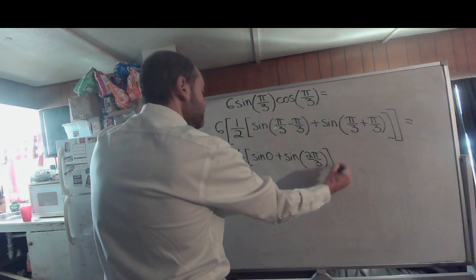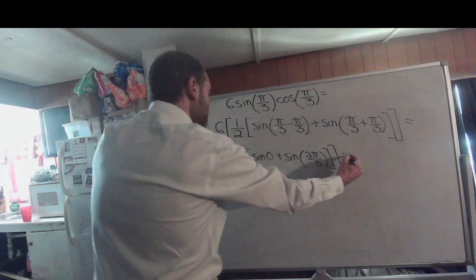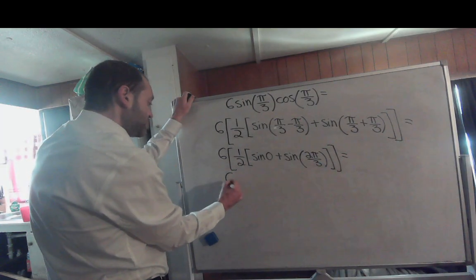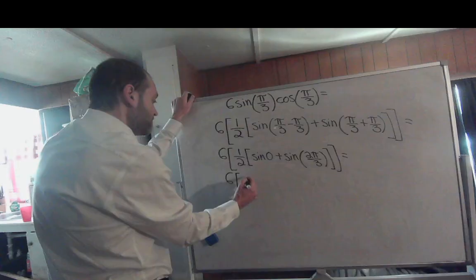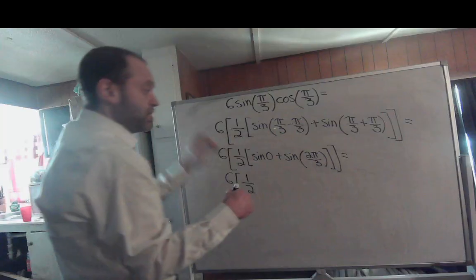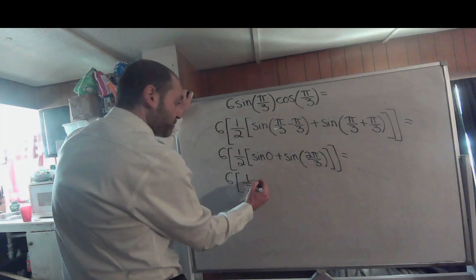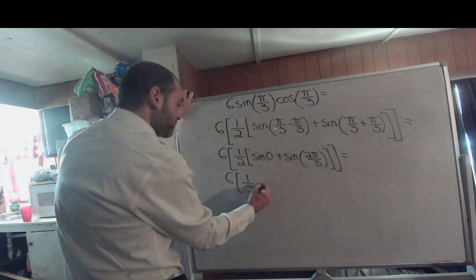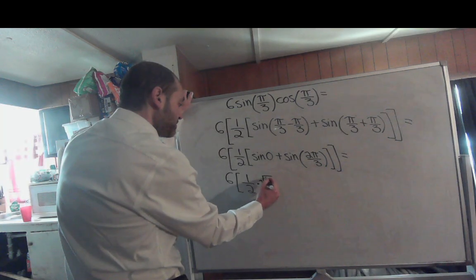which now we can just take these values. So this would be 6 times the quantity of 1/2 of, well, sine of 0 is just 0, but the sine of 2 pi over 3, that's the square root of 3 over 2.